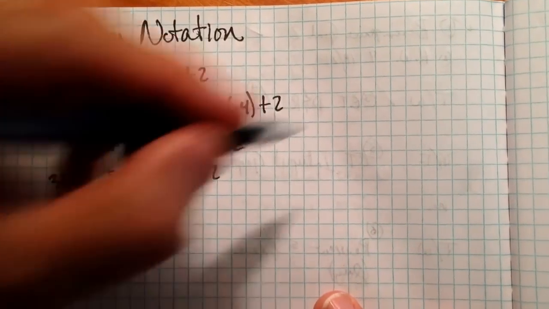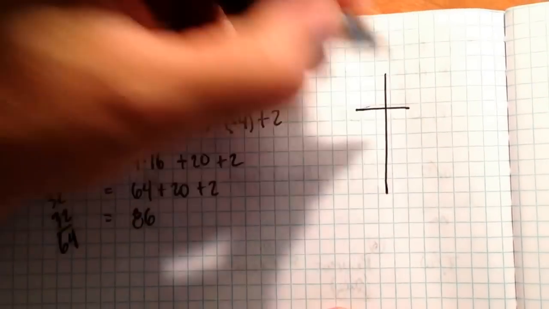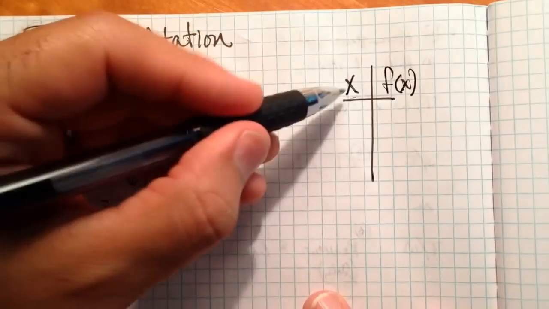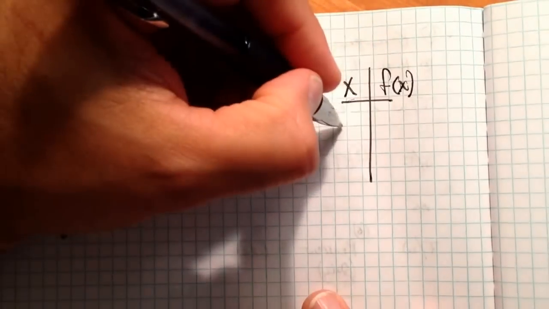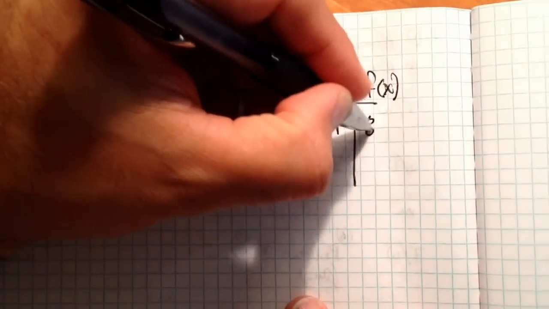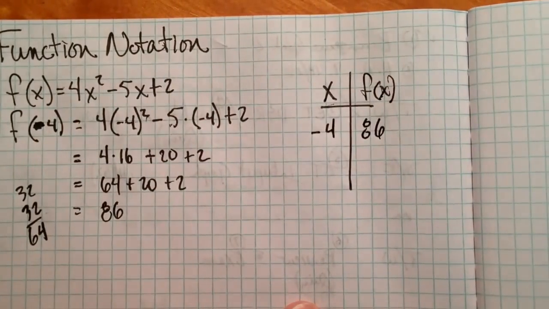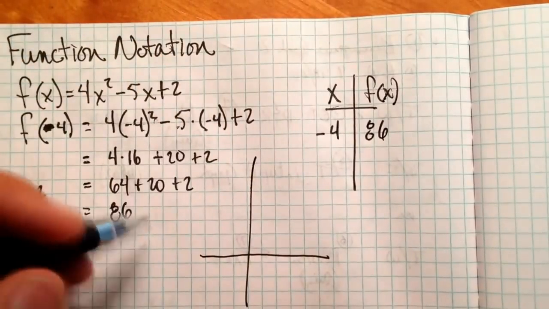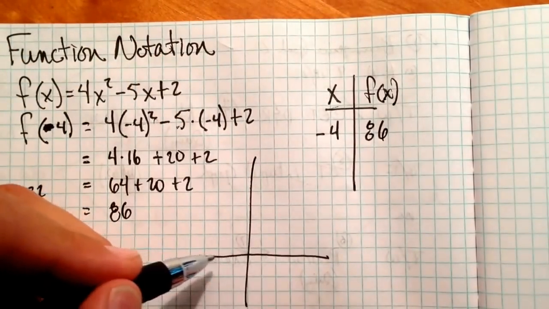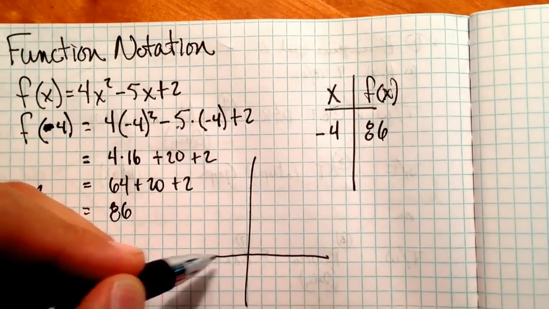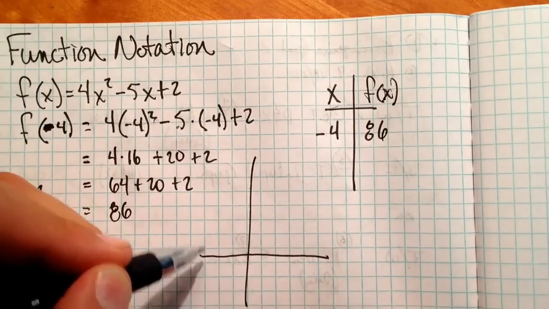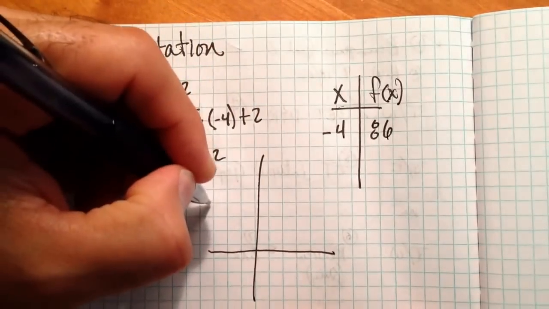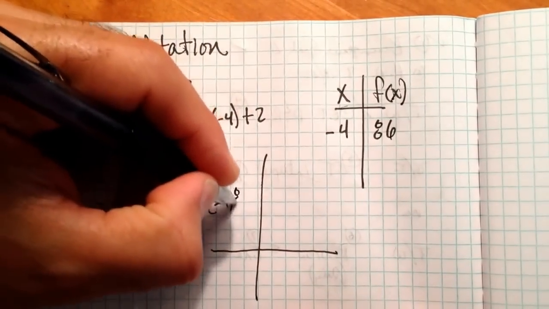So if we were to, for example, create a t-chart or a table with my input and my output, I would have negative 4, and the corresponding output value would be 86. Or if I were to graph this, my x value would be negative 4, and my y value would be 86. So my coordinate pair would be negative 4, comma 86.